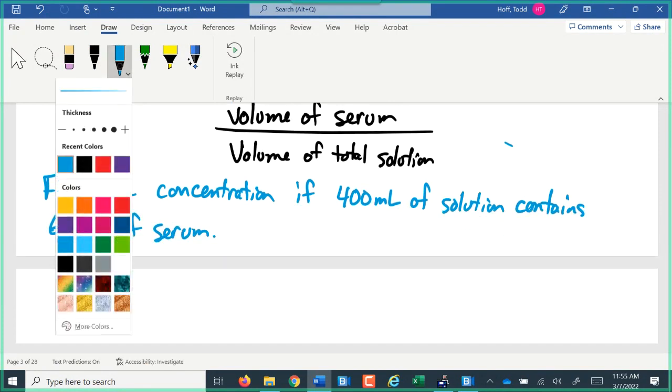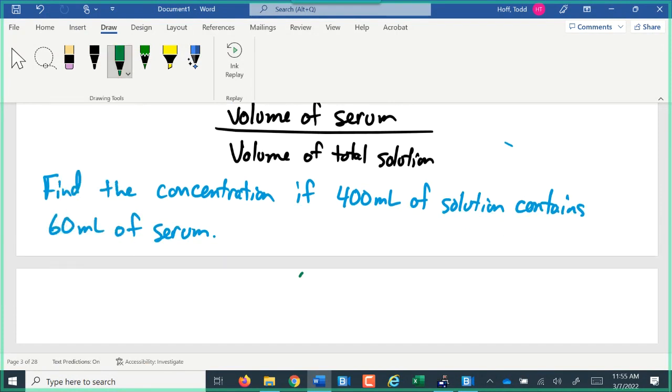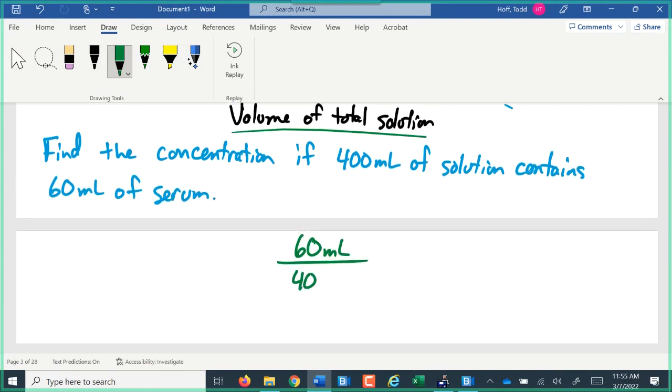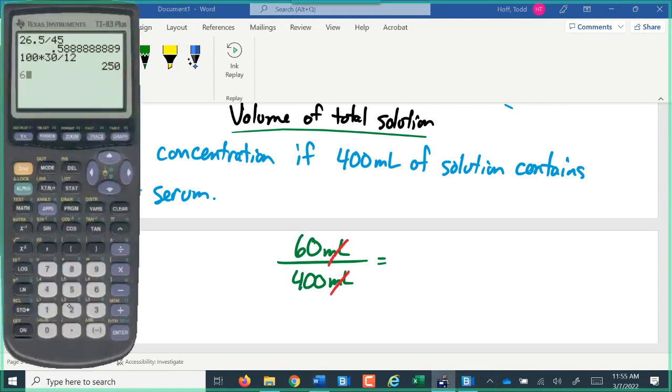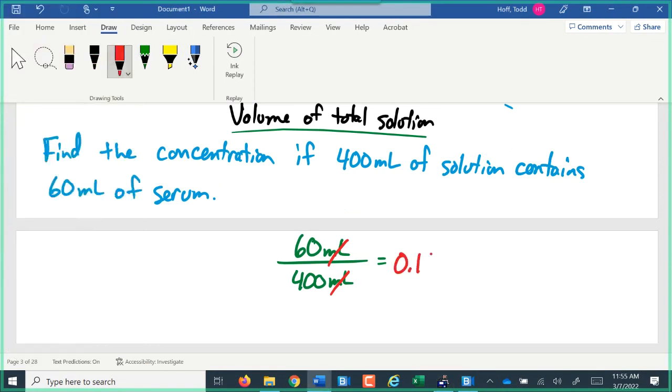It's the volume of the serum, 60 milliliters, over the total volume of the solution, 400 milliliters. Once again, the milliliters cancel out. 60 divided by 400 should give us 0.15. That's our rate. And of course, as a percent, that would be 15%.